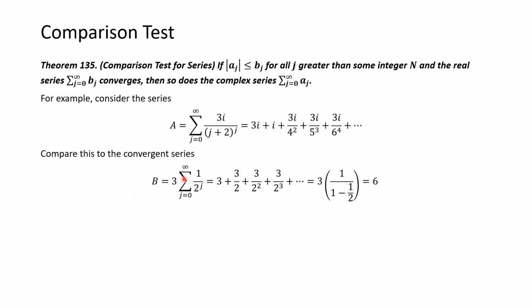So you have 3 times the series of 1 over 2 to the j, and that gives you 3 over 2, 3 over 2 squared. So you notice here, these look pretty close, and this converges to 6. So we just need to show that after some index n, each term in this series is bigger than each one of these.